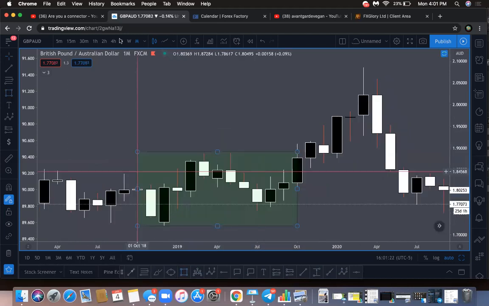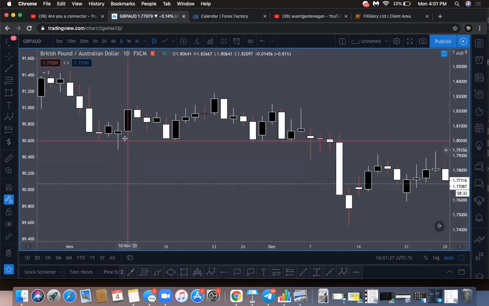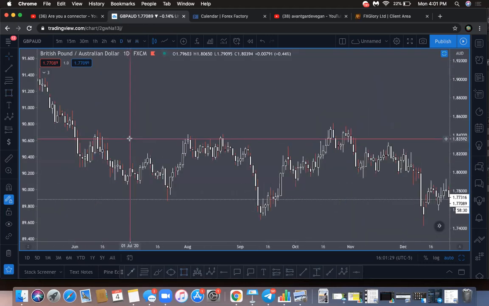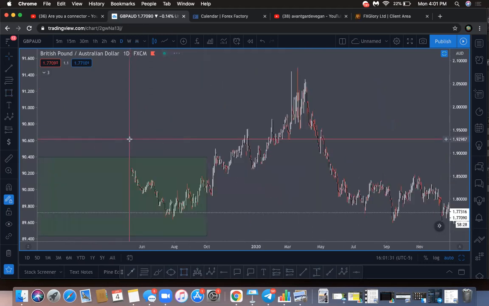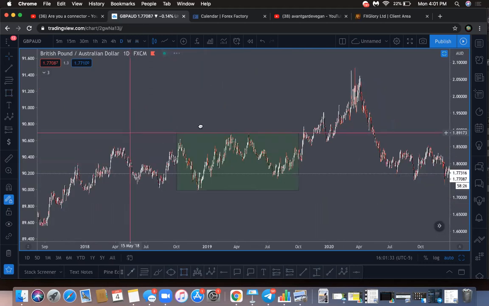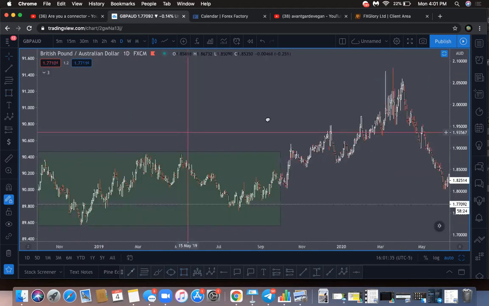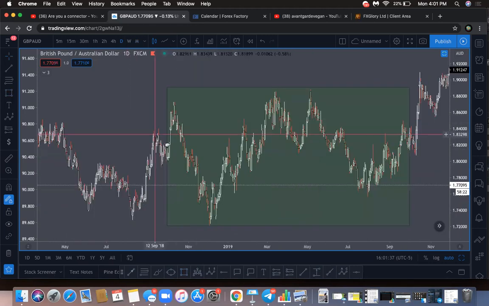What we're going to do is play this off of the daily time frame just so we can see how to look for intraday trades and potentially short-term trades into long-term trades.